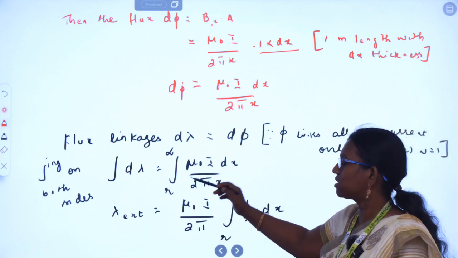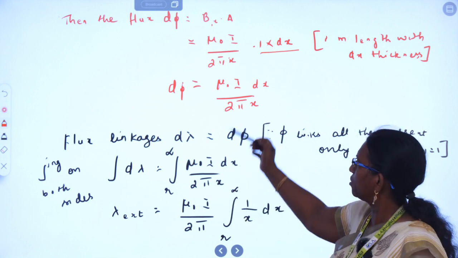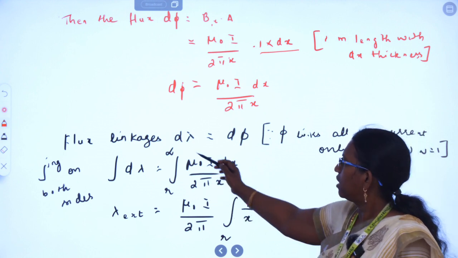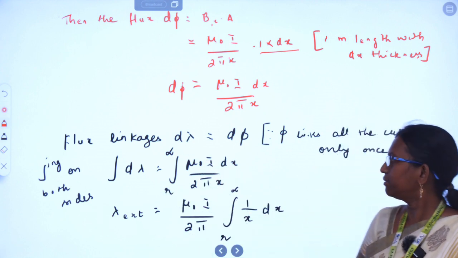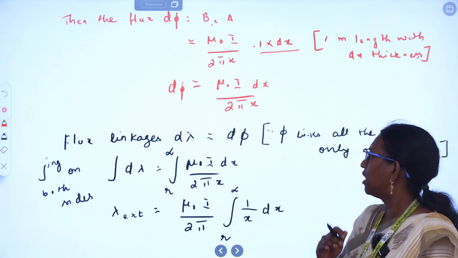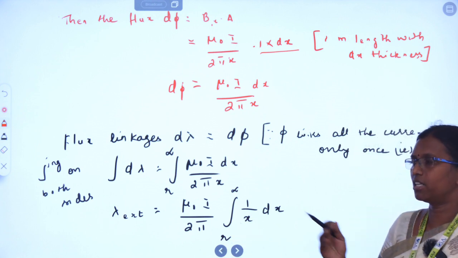The flux linkages external to the conductor can be obtained by integrating the previous equation, μ0 I dx divided by 2πx. Since we have taken the limits as r to infinity, we have applied it here. It may be varied based on our need.